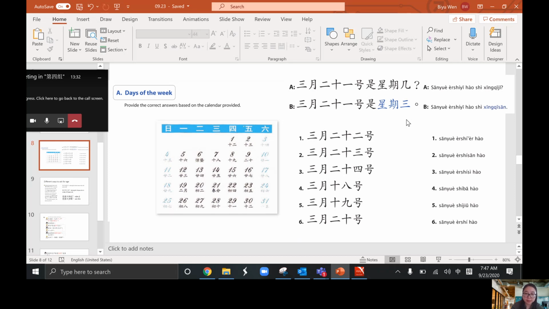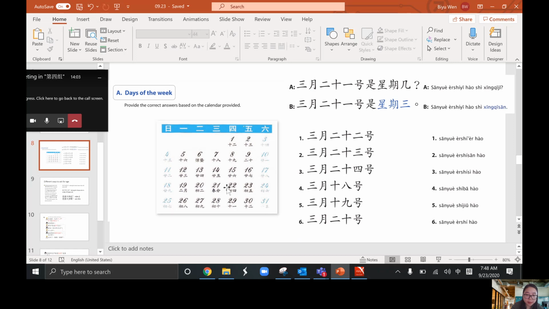So today's assignment, I will ask you to write down 6 dates using the same pattern. For example, the first one, you want to figure out what day of the week is March 22nd. So you say 3月22号是星期几?